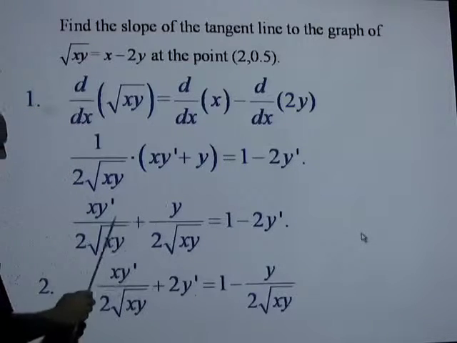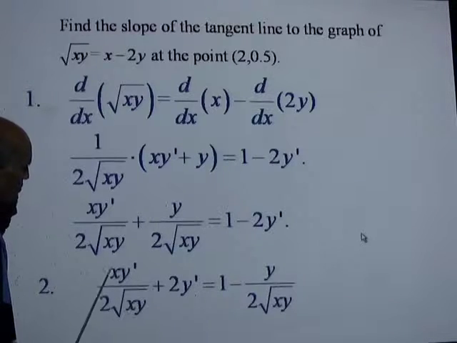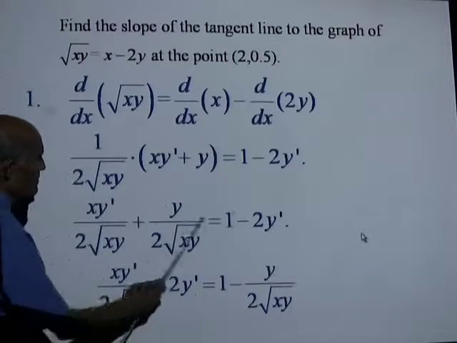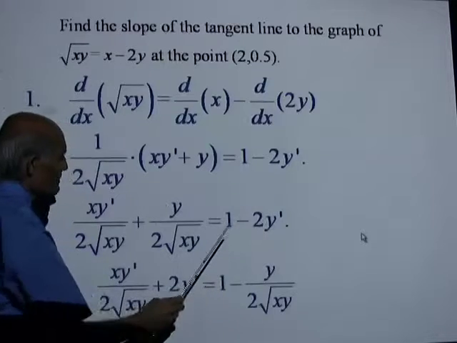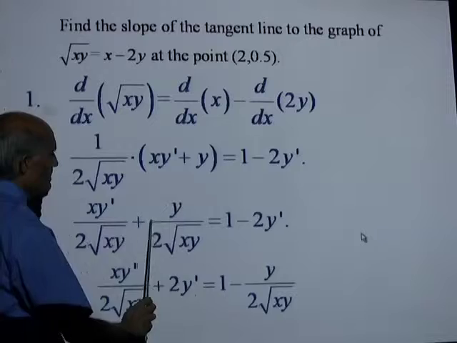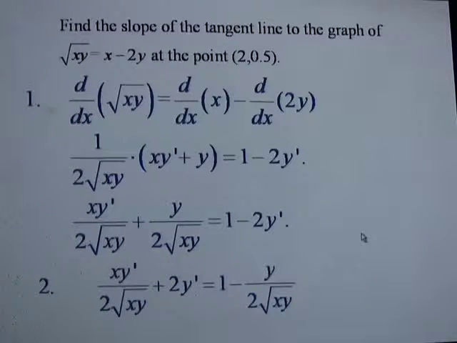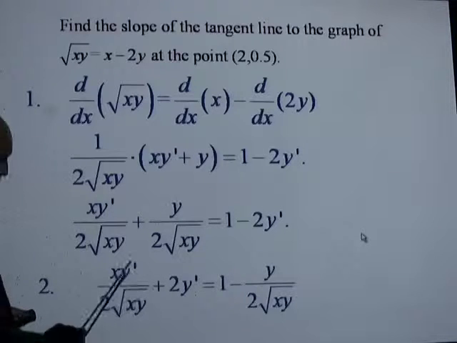Well, what does it become? It will be xy prime over 2 square root xy, that is this term. When this comes to the left, it becomes plus 2y prime, equal to 1 minus y over 2 square root xy. What do you think is the next step?